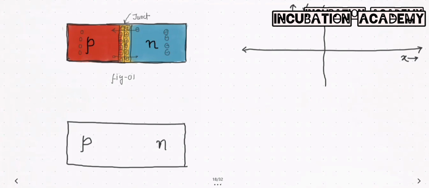As the region on the two sides of the junction is depleted of the carriers, holes and electrons, the region around the junction on both sides is called the depletion region, and it obviously has a certain width.